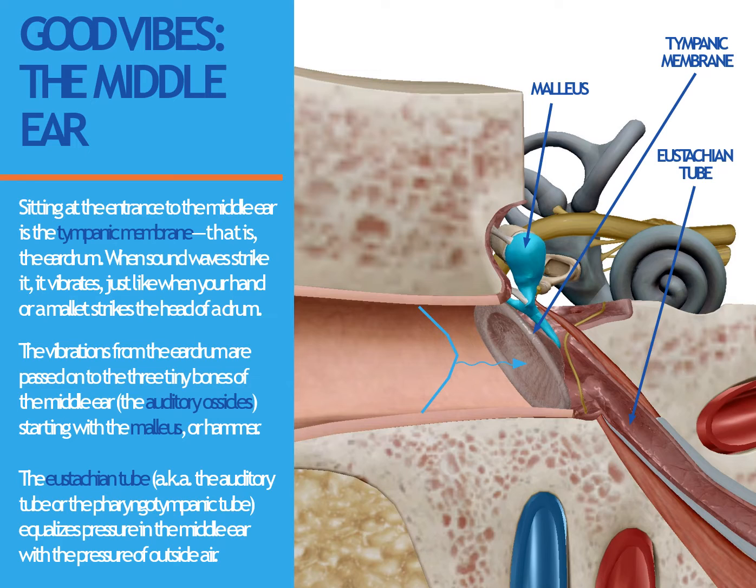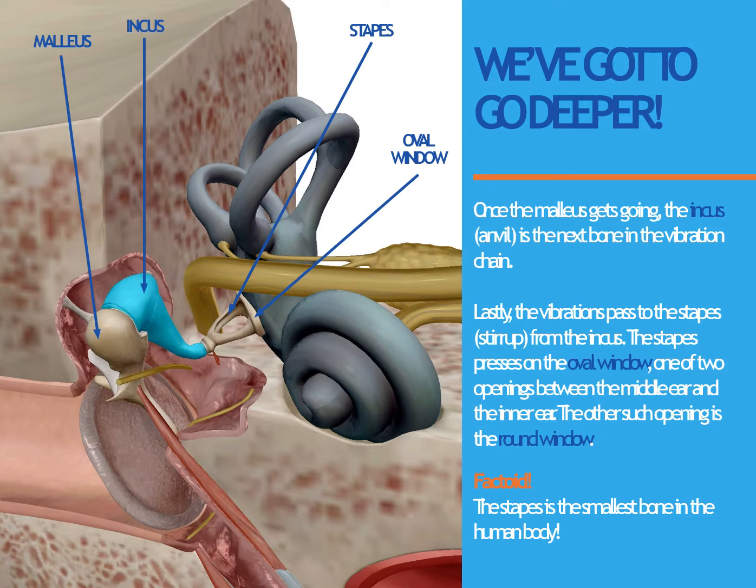The eustachian tube, also known as the auditory tube or the pharyngotympanic tube, equalizes pressure in the middle ear with the pressure of the outside ear. Once the malleus gets going, the incus or anvil is the next bone in the vibration chain.